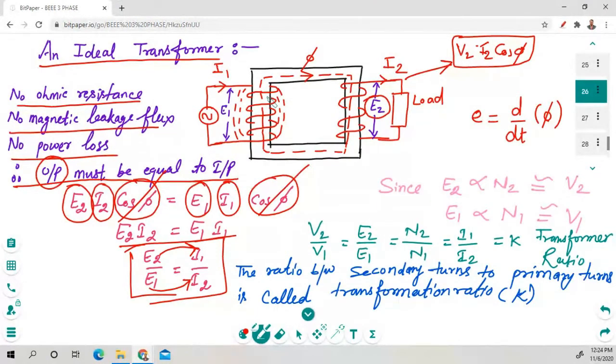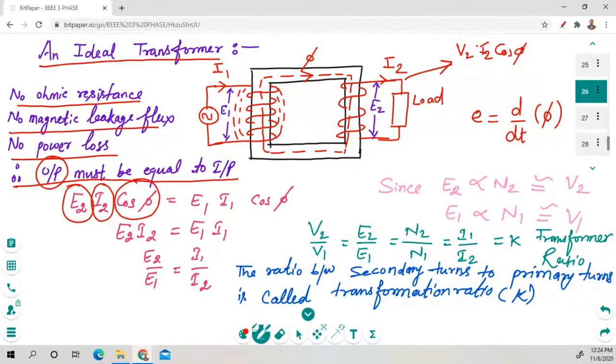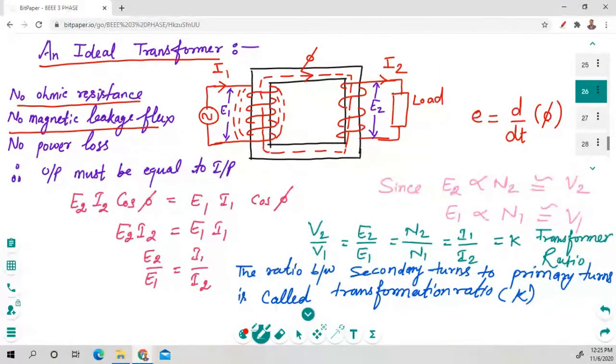So when this EMF is generated across the primary side, then this current will be dependent upon this EMF E1. Okay, understood? Any doubt till now? How we have calculated these equations? Write in chat box. Understood? Any doubt till now?